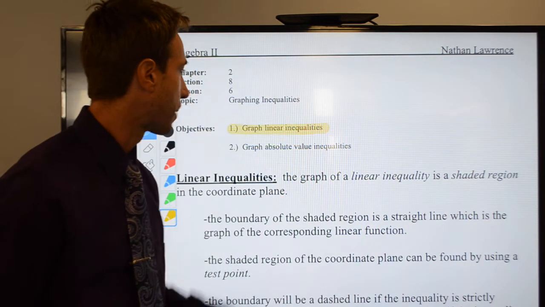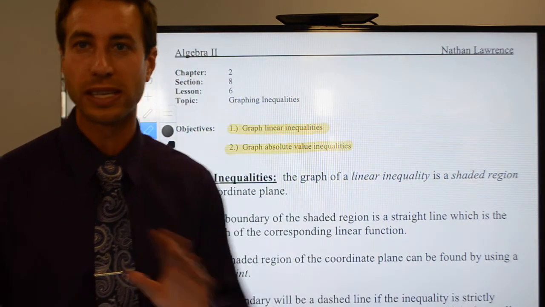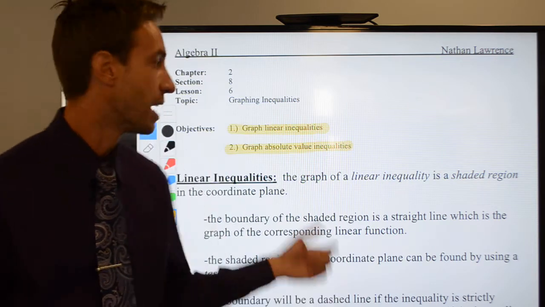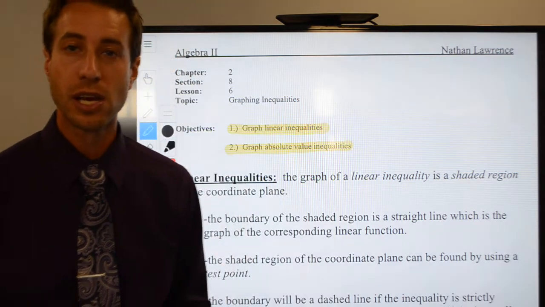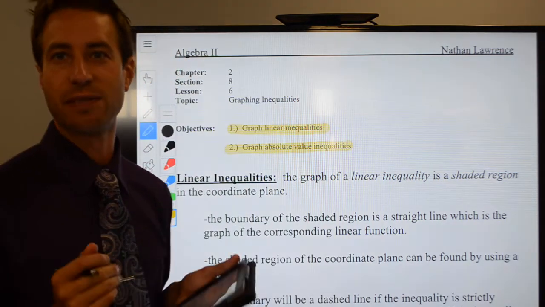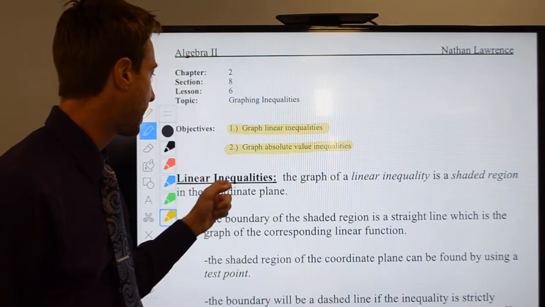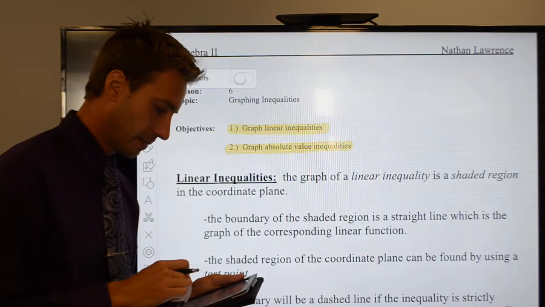Then I'm going to have you graph absolute value inequalities. I mentioned we're going to look at absolute value graphs again in this section. We'll be graphing those absolute values and shading the appropriate portion of the region. That's a little foreshadowing of what we're actually doing when we graph inequalities.